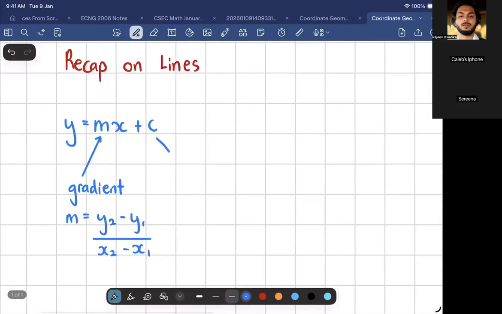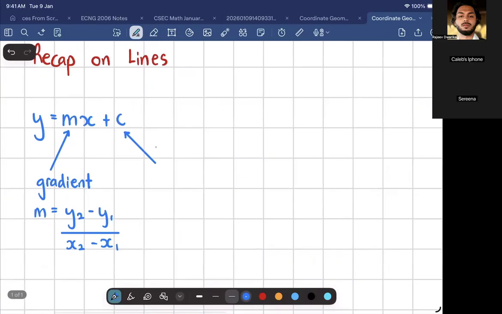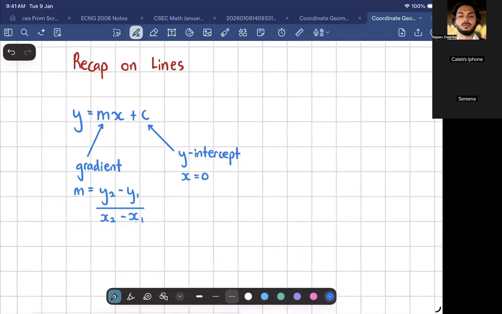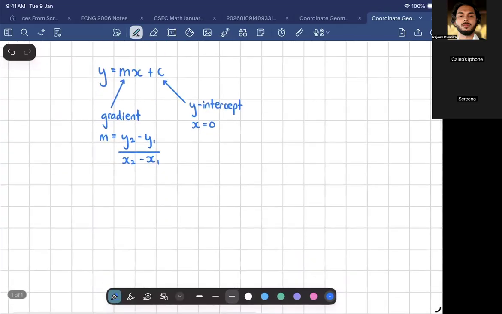Right. What does c stand for? The y-intercept. And at the y-intercept, what do we know? We know that the x value is equal to what? 0. Yeah, correct. Awesome.